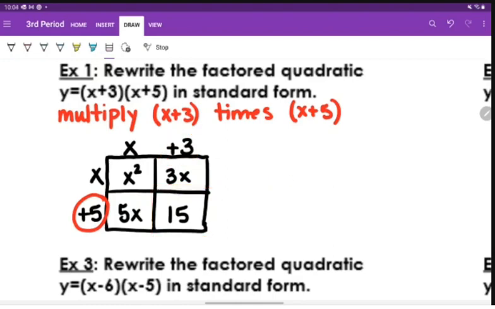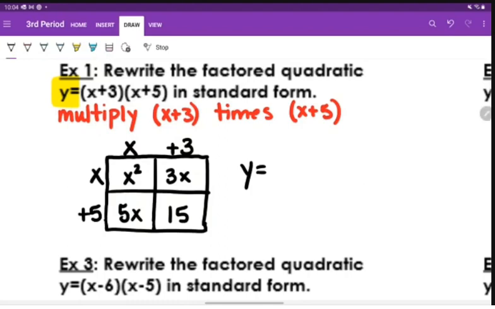Okay, so we did all of that work, but now all we're looking at is this weird square. Well, we're not really done. This was a tool that we used to help us keep our multiplication organized, but now we need to put this back into our equation. We always had the y equals part. That comes from here. But then the rest of it, the x plus 3 times x plus 5, has now become all of the stuff that's inside the box.